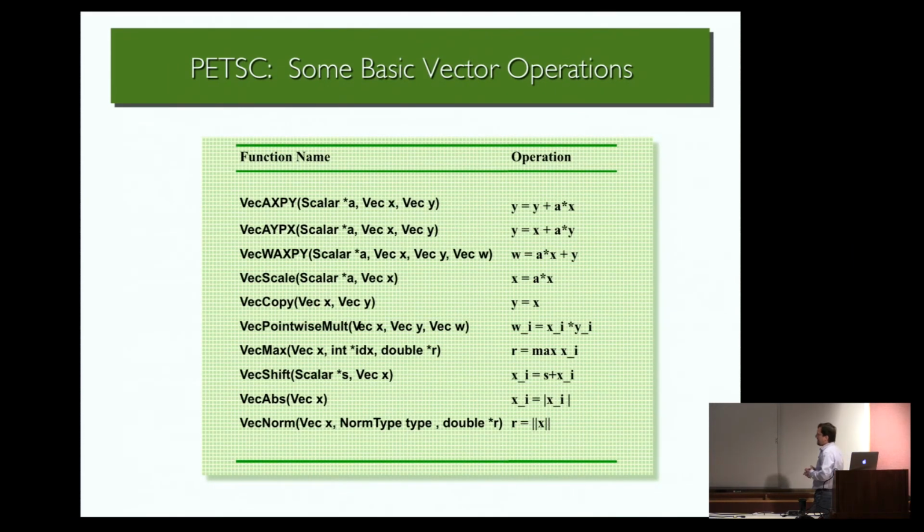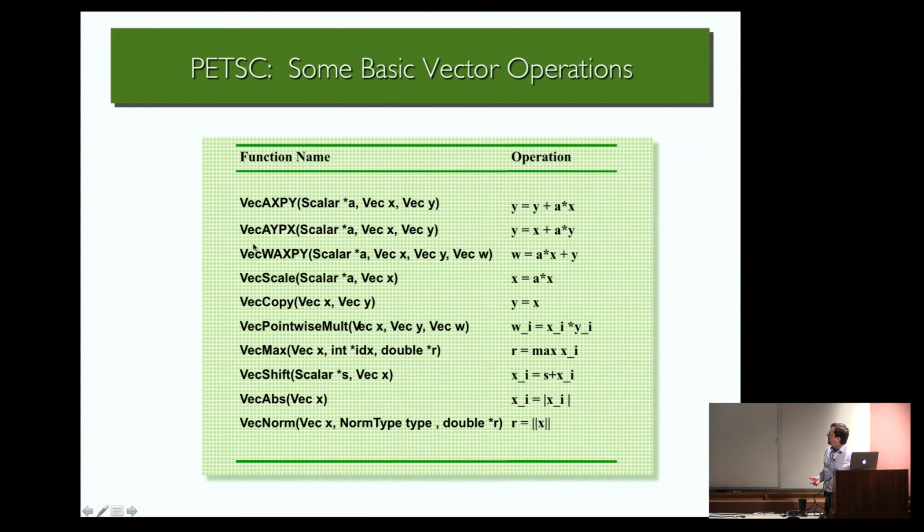The next thing is, after you create those data structures, the operators that you apply to those data structures are also abstracted. So you have your vec copies, vec scale, your vec max, your absolute values, norms, multiplies. Now, in order to apply these operations correctly, you need to know how the data is laid out in the machine and whether it's a local data structure or a global one.